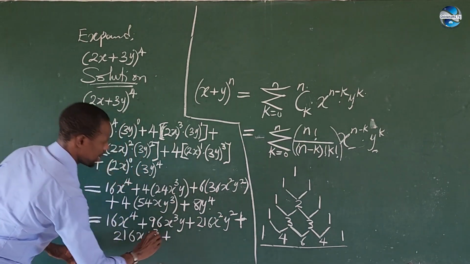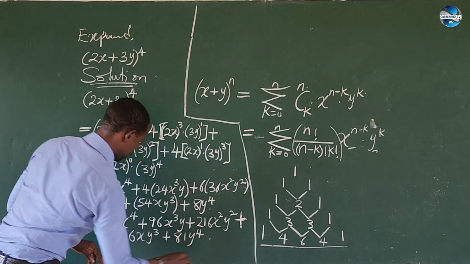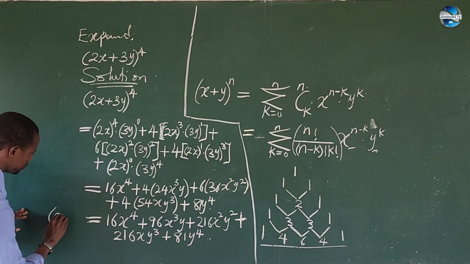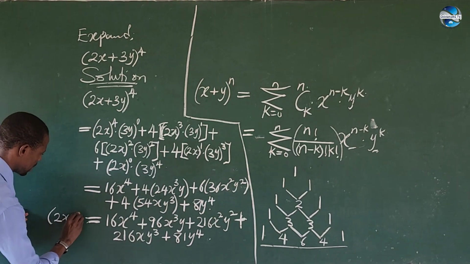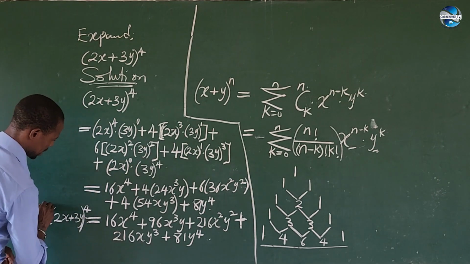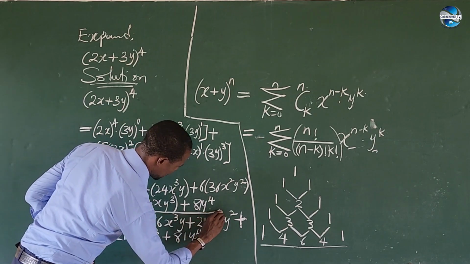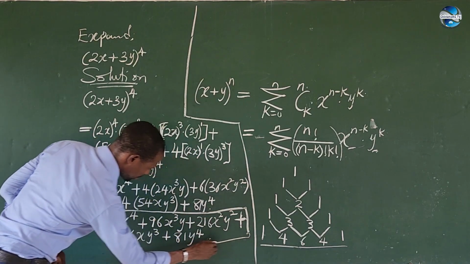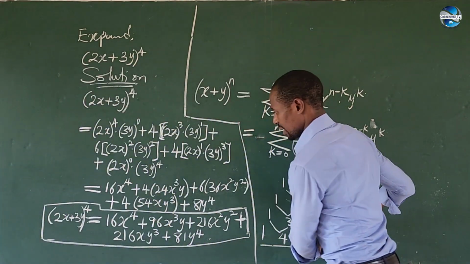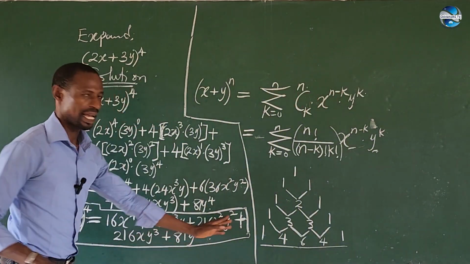Then the last term here will give us 81y to the power of 4. So on this side, we have our expression (2x + 3y) to the power of 4. So this is the answer to this expansion, using the Pascal diagram or triangle to get the coefficients alongside with x.